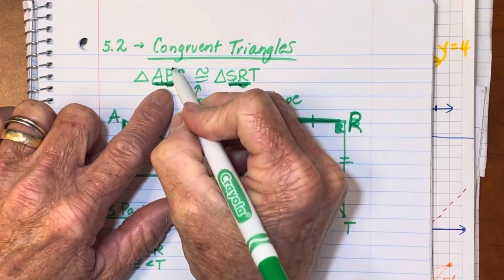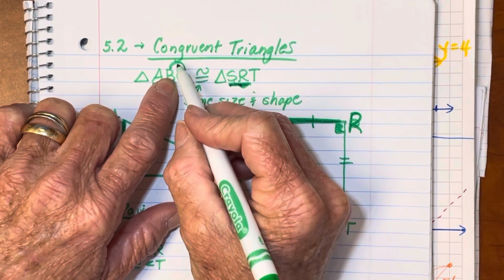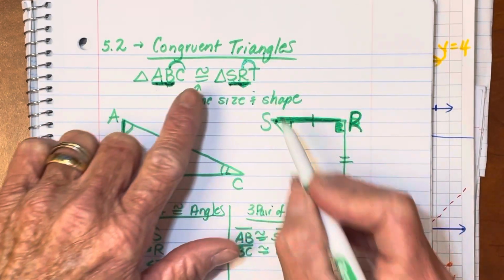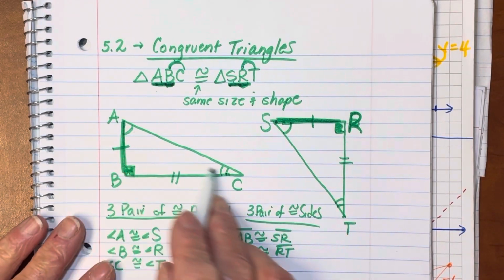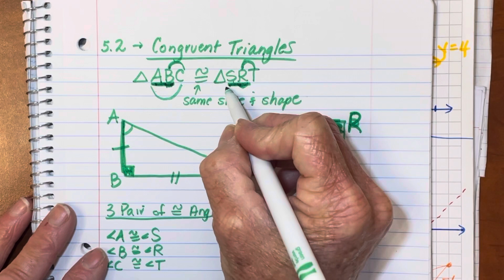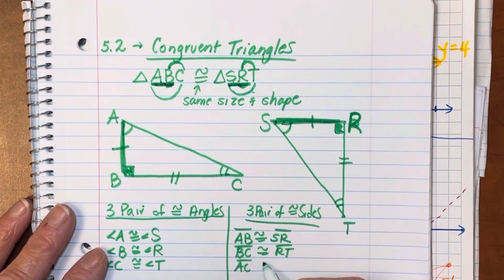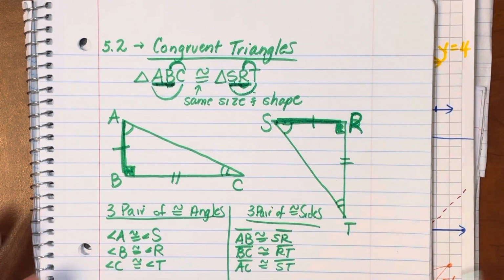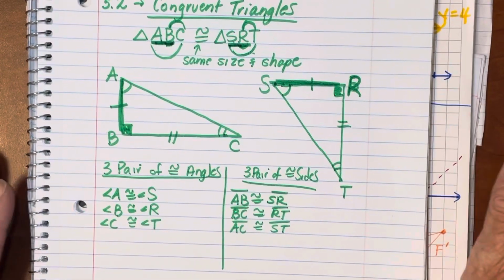And again, B and C are the second and third letters. They're going to match up with RT. And then finally, the hypotenuse AC, the first and last letters, will be congruent to the first and last letters over here as well. Okay?